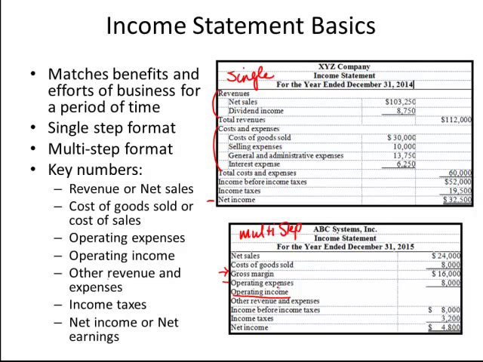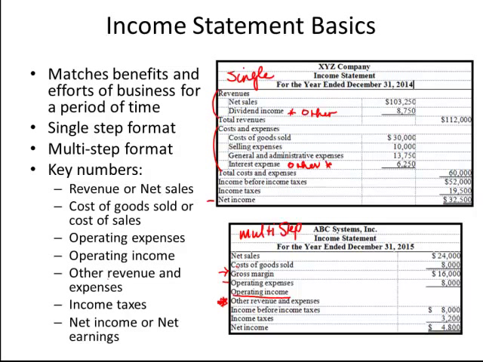But the business also can have other kinds of revenue and expenses. If I look at my single step, dividend income is probably not why this company is in business. So dividend income is an example of other income that would show up down below. Interest expense or interest income is always down in other.